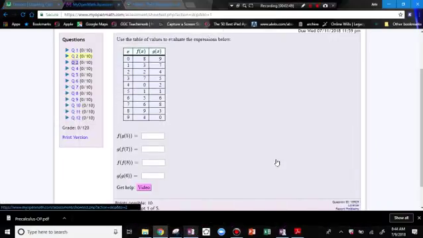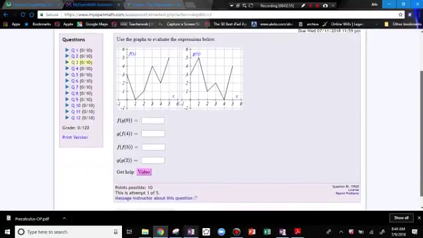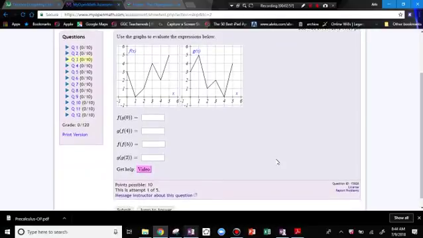Composition. Same thing, just in graph form. G takes 0, makes it 3. F then takes 3, makes it 4. F takes 4, makes it 2.